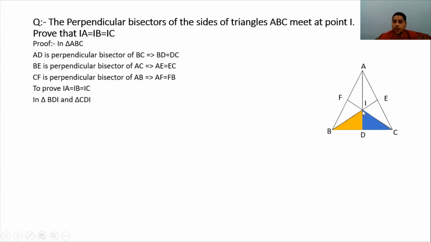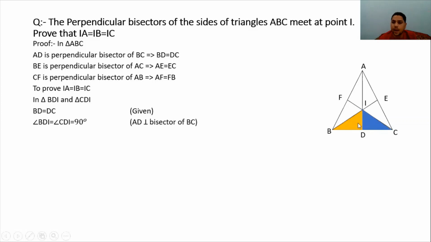First, BD is equal to DC, since it is a perpendicular bisector: D is the point where AD divides BC into two equal halves. Then we have angle IDB and angle CDI.